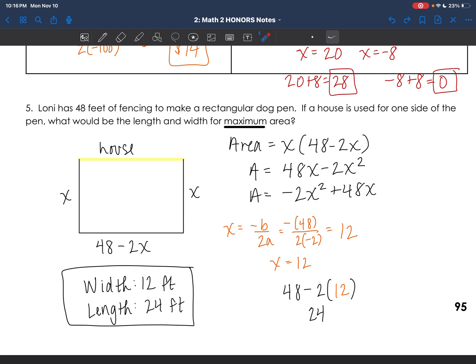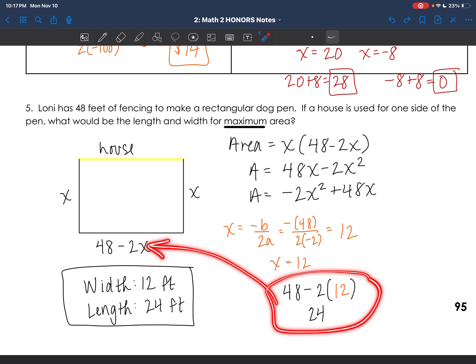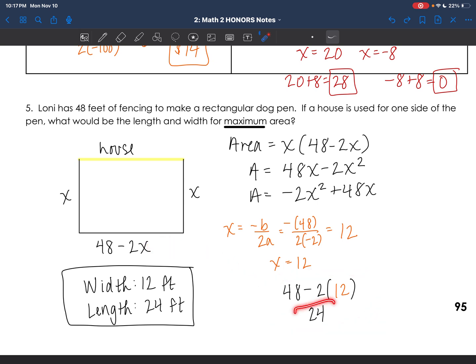Oh, I'm sorry. Don't plug it in there. You're taking this and you're plugging it into here. So this guy is going to plug into there, and then that's where we got this from. All right, and then so that means the length is 24.